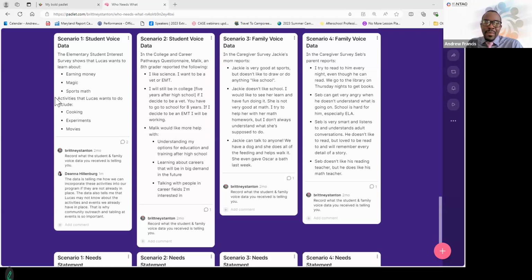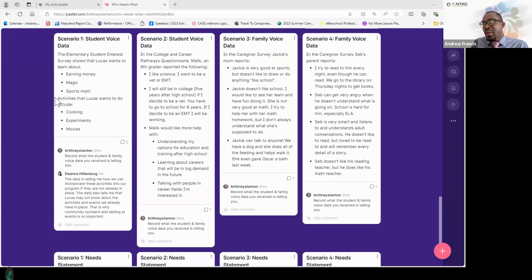That would help us identify relevant academic content that could be incorporated as we are selecting the type of movies that are appropriate, that we could use to build some skills, but also as we are looking at experiments. And just to find out why he wants to do those activities, right? Why does he want to learn about earning money, magic, etc.? So that we can tailor that, but also balancing that with other students in the program.